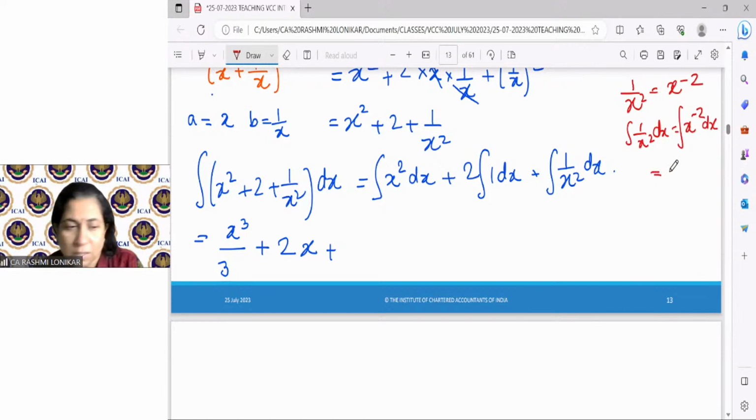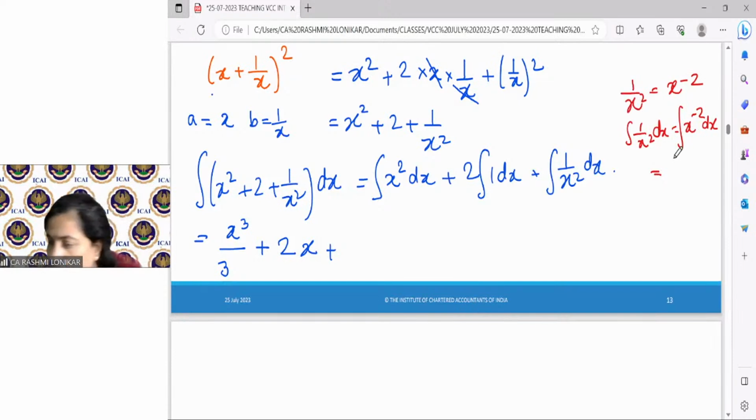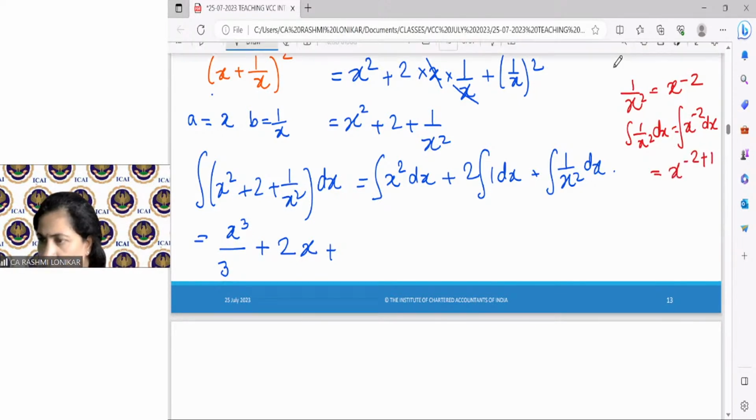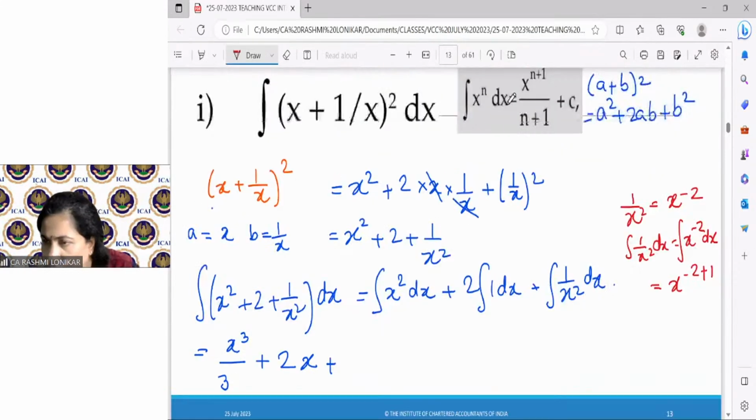What will this be? x raised to minus 2 plus 1. I am using this formula, x raised to n plus 1 upon n plus 1. What is n? Minus 2. So minus 2 plus 1 is minus 1, and the denominator minus 2 plus 1 will also be minus 1. So this will be x raised to minus 1 upon minus 1.